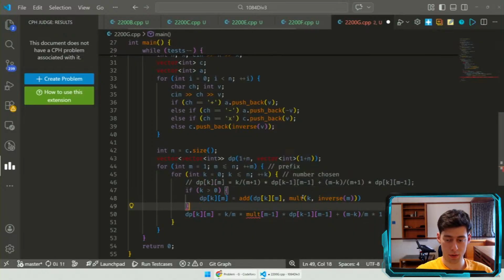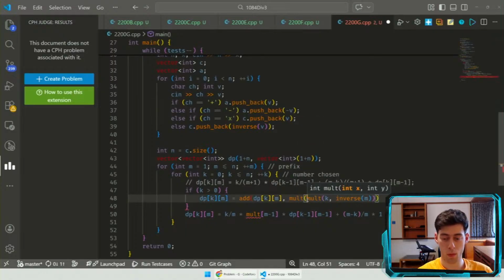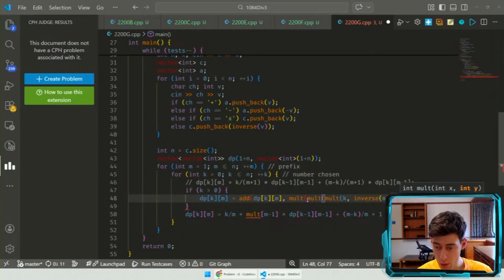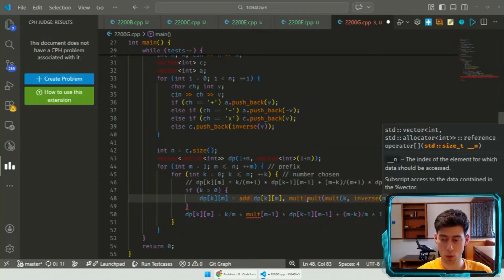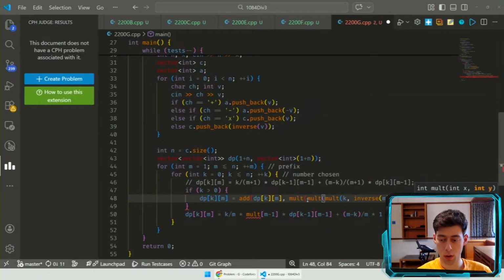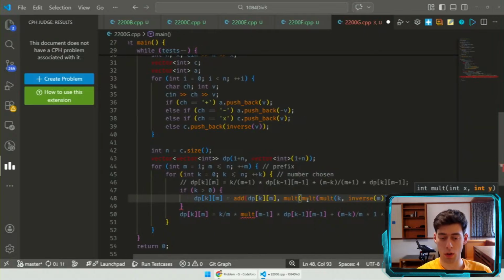Okay, so I add, I just need more lines for this. I need to multiply that by d[m-1] and by dp[k-1][m-1].